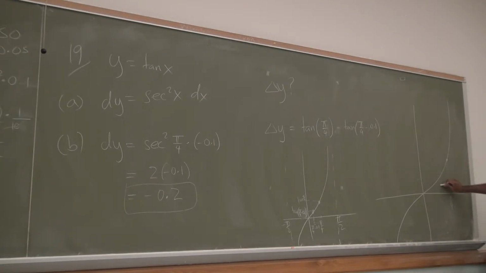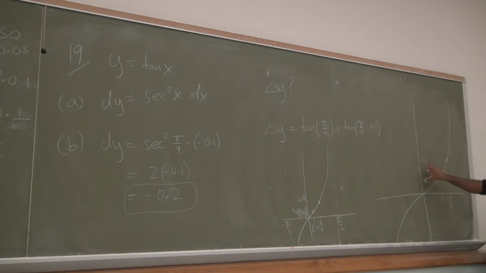You would draw a tangent line at pi over 4. The distance between the function and the tangent line at pi over 4 minus 0.1 is dy. The actual distance between the y values is delta y.